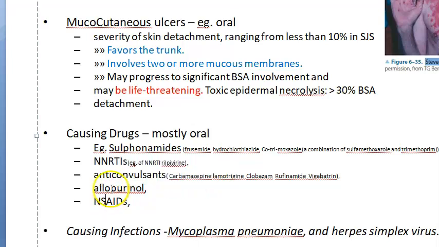So they recommend that before you give allopurinol, you do a test, or you be very aware of the ADRs of allopurinol. Then NSAIDs, that is non-steroidal anti-inflammatory drugs, painkillers, could be any painkiller. They did not specify the name here. Even the NNRTI names have not been specified.